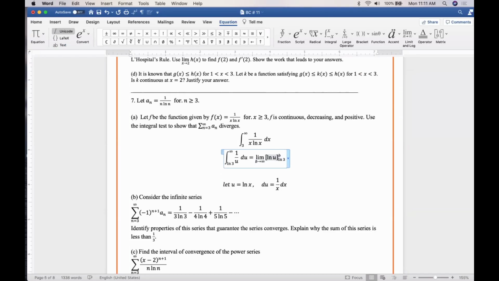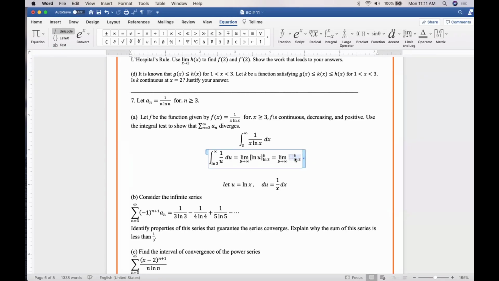Okay, so I got the limit as b approaches infinity of that, which is, we're going to substitute b for u, minus ln of 3, right?